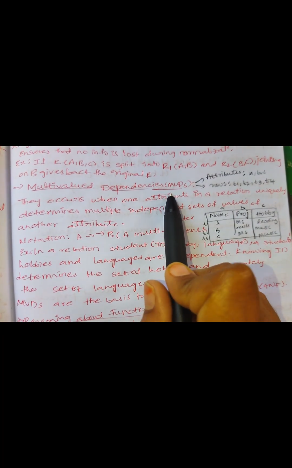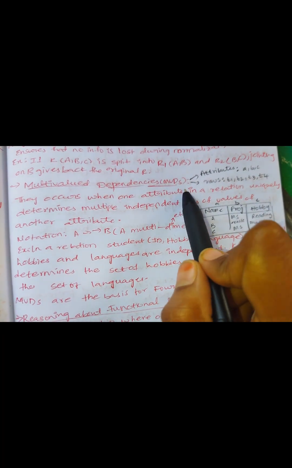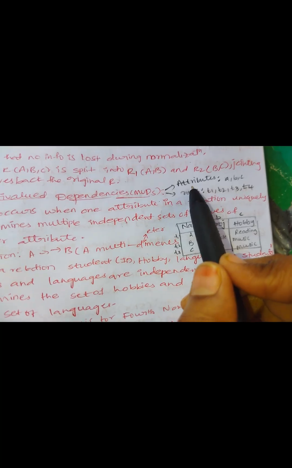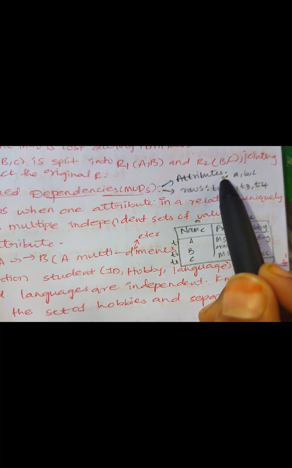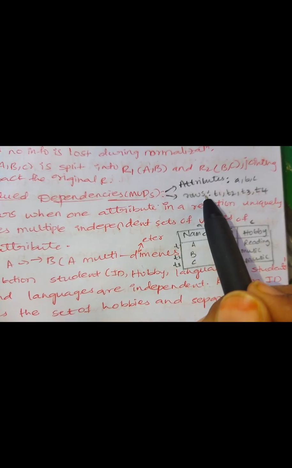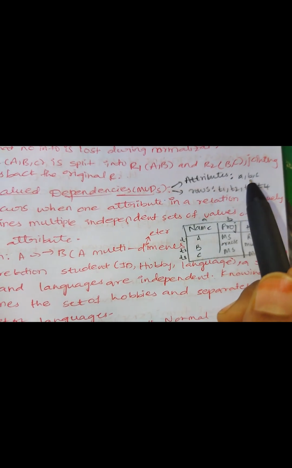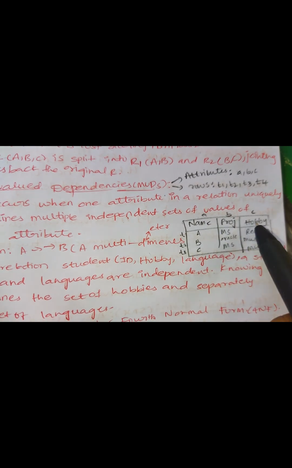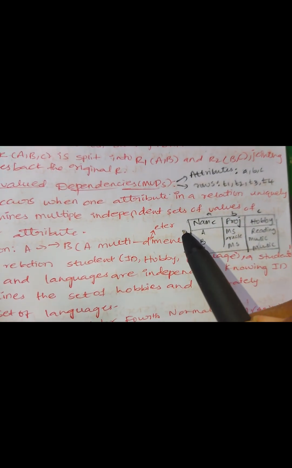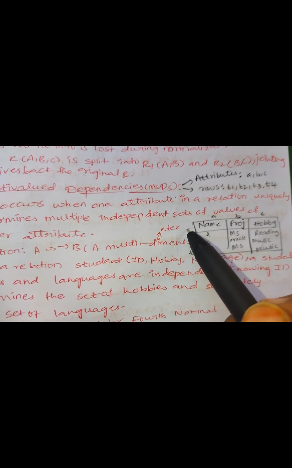Another concept is multi-valued dependencies, also known as MVDs. A relation contains attributes and rows. A, B, C are the columns, and T1, T2, T3 are the rows, records or tuples.